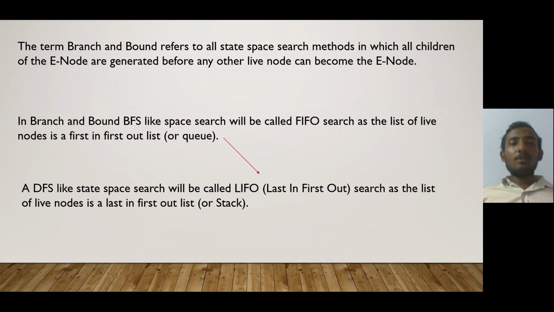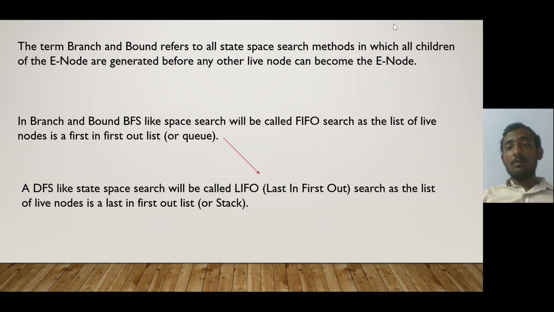The term branch and bound refers to all the state space search methods in which all children of the E-node are generated before any other live node can become an E-node. In branch and bound, a BFS-like state space search will be called a FIFO search, as the list of live nodes is a first in first out list.